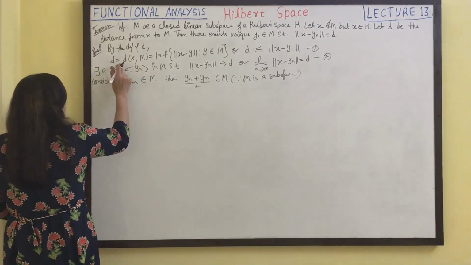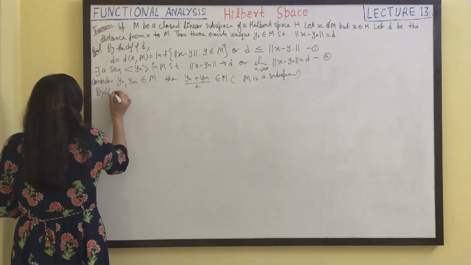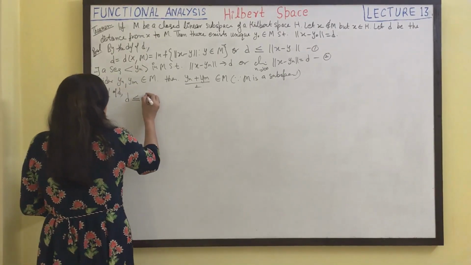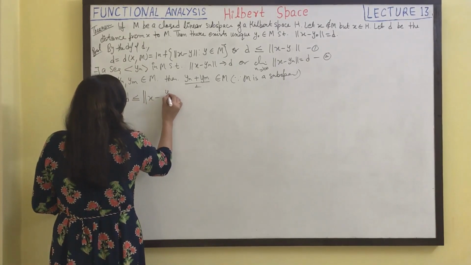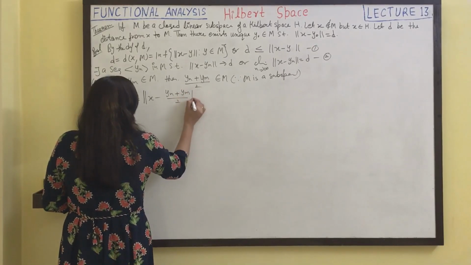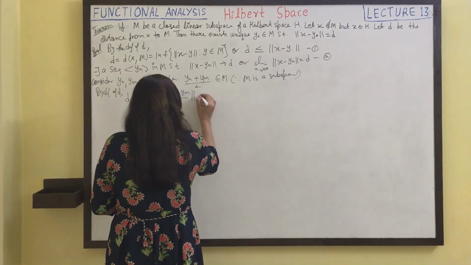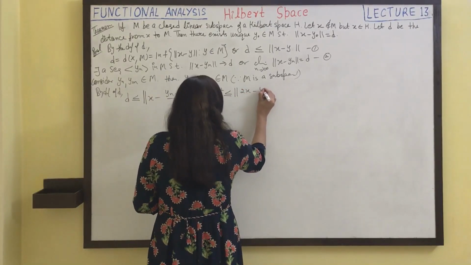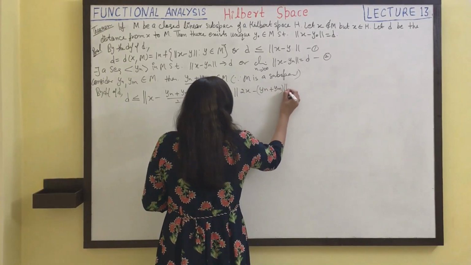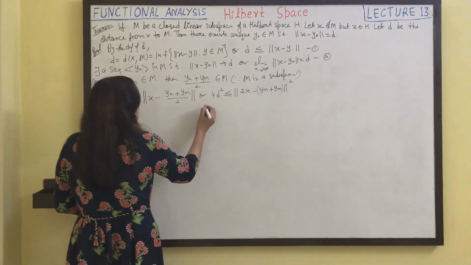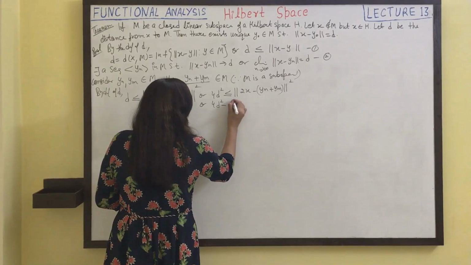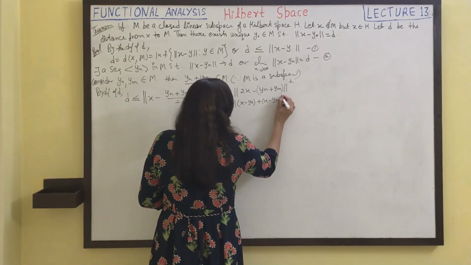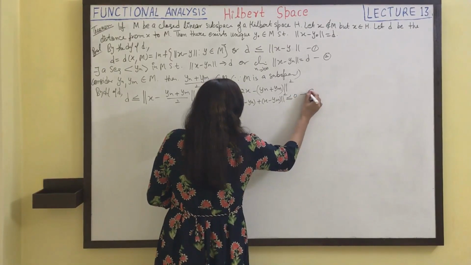Now, by the definition of d, we have d is less than or equal to norm of x minus (yn plus ym) divided by 2, or this can be written as 4d squared is less than or equal to norm of (x minus yn) plus (x minus ym) squared, or this can be written as 4d squared minus norm of (x minus yn) plus (x minus ym) squared is less than or equal to 0.